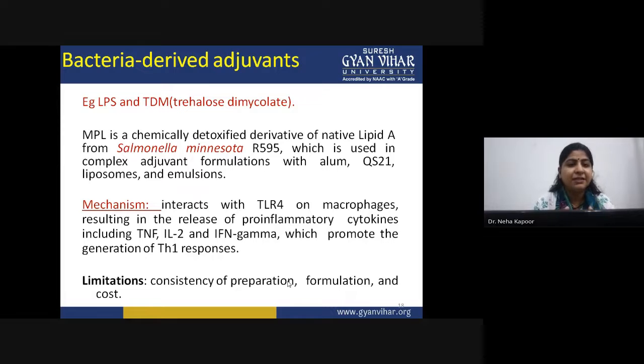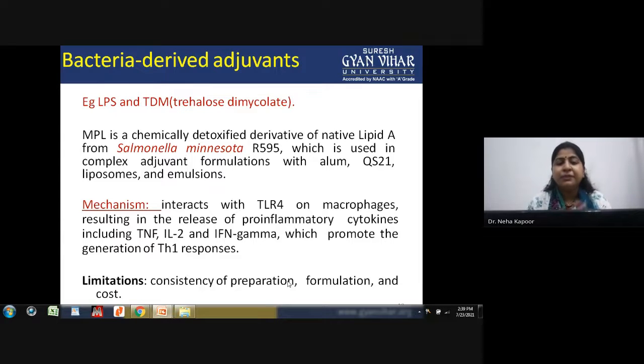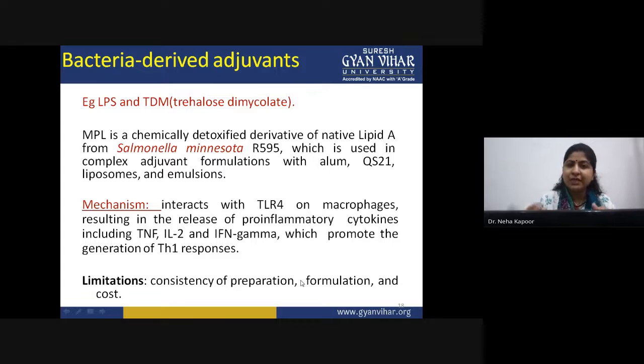The main mechanism, as I told you in the case of saponin, is that it triggers both the T helper cell as well as cytotoxic T lymphocytes. However, the bacteria derived adjuvants interact with toll-like receptor 4 present on the surface of macrophages, due to which the release of inflammatory cytokines is triggered.